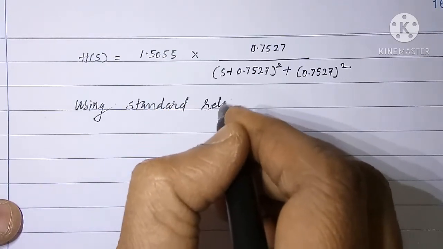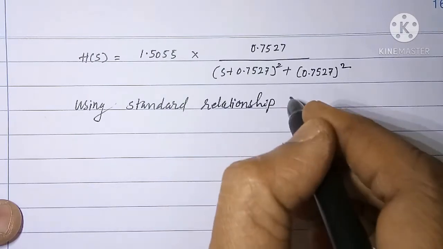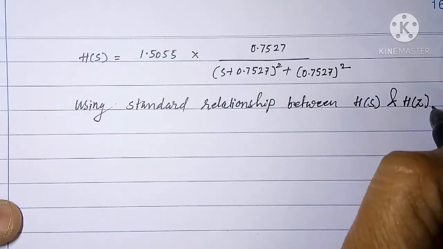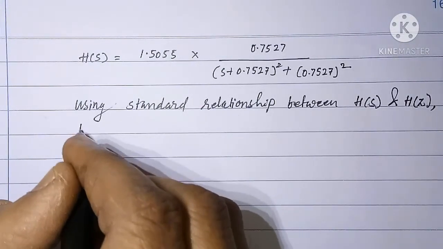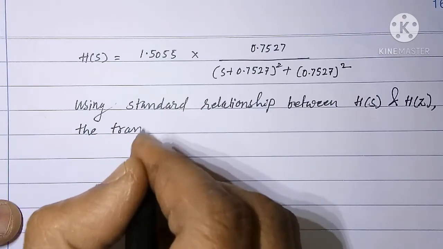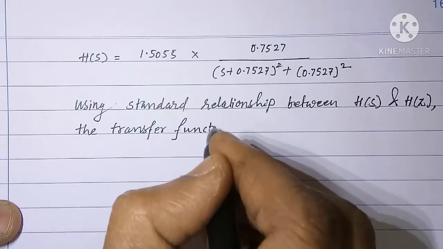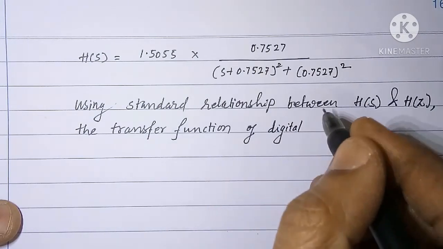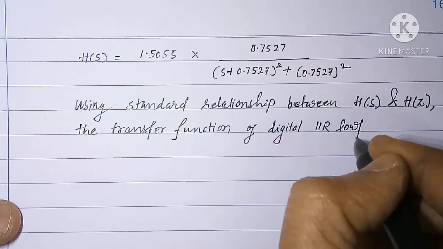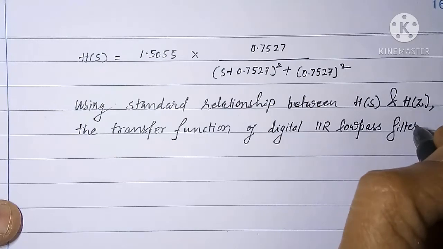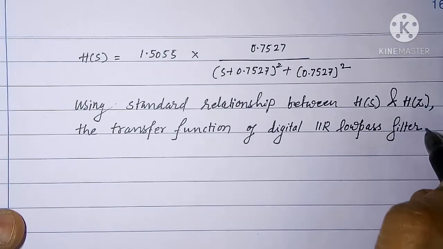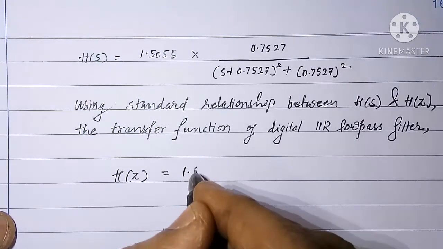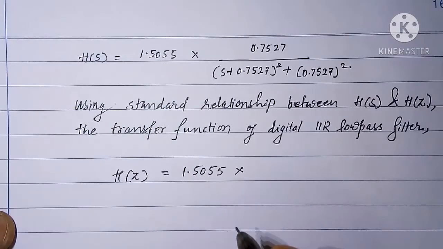Using standard relationship between H of s and H of z, the transfer function of digital IIR low pass filter H of z will now become 1.5055. This is constant, we have to keep it as it is.